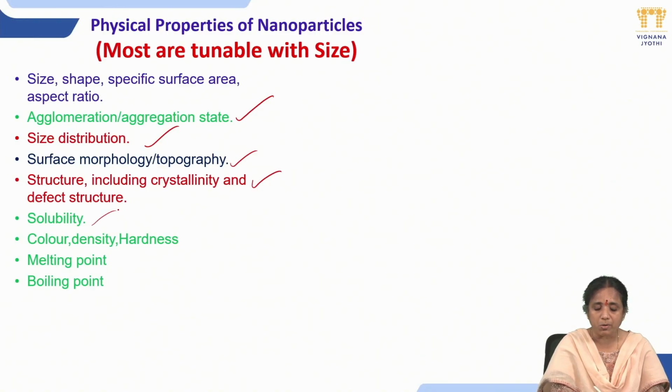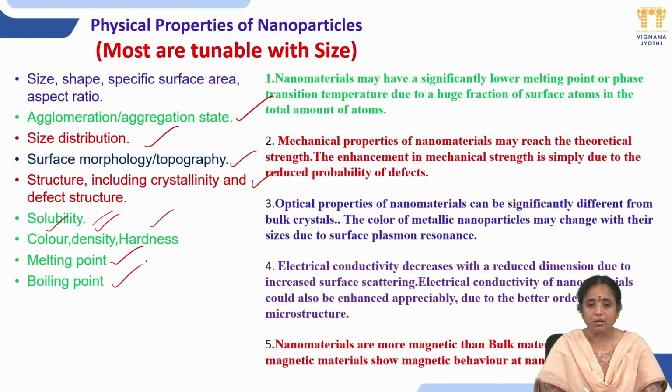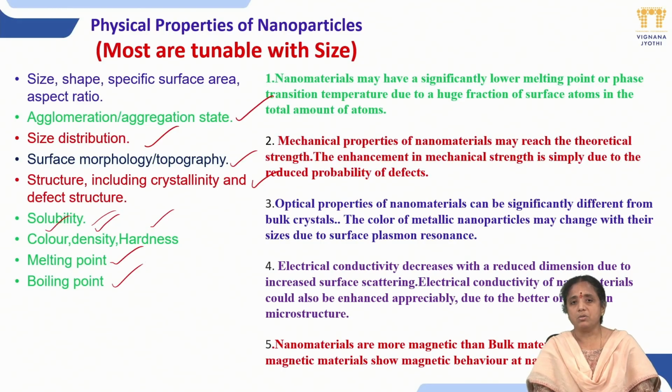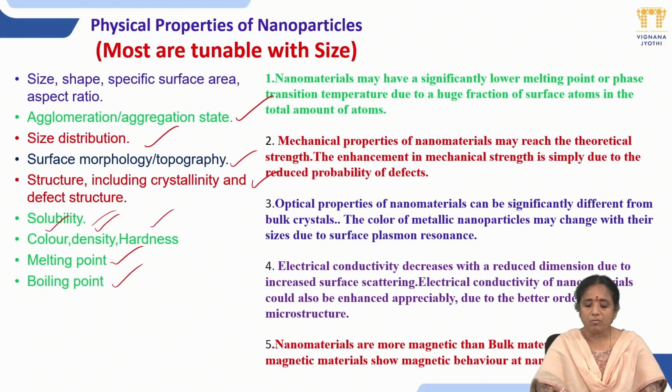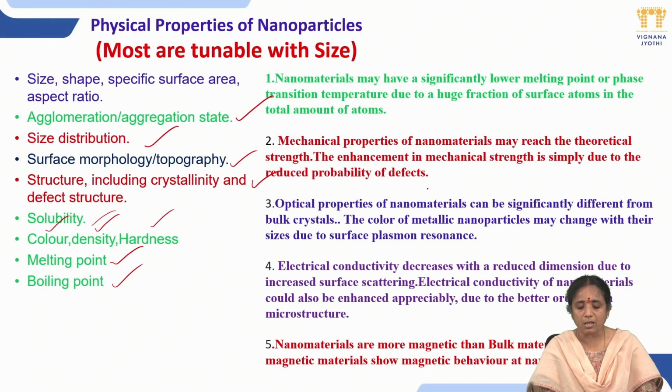Solubility, the way it becomes more soluble, will change. It will change its color, its density, its hardness, melting point, boiling point. All these properties are going to change whenever the particles are decreased to the nanoscale. I can give some of the important properties which we can observe at a glance.